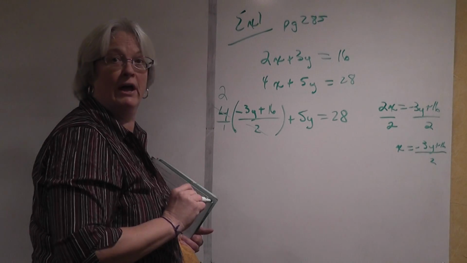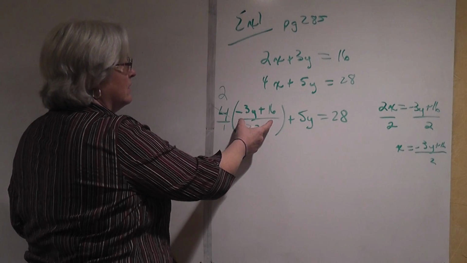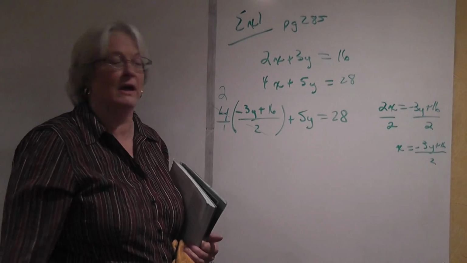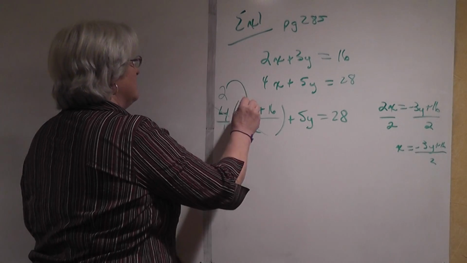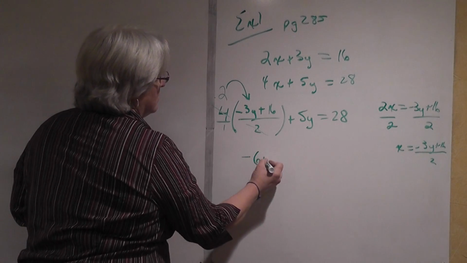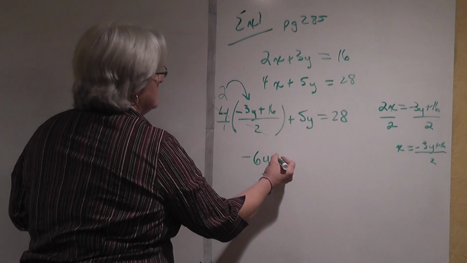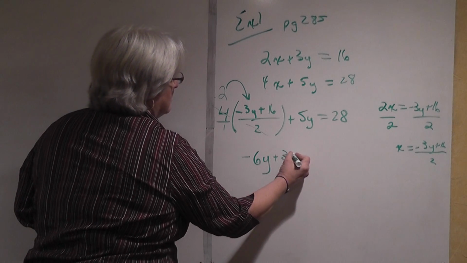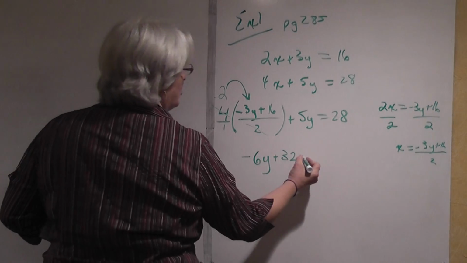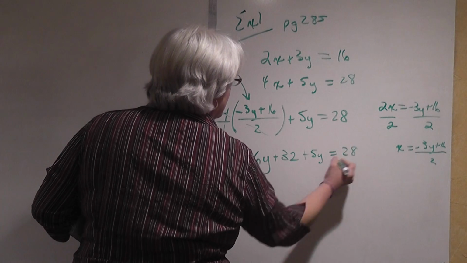So we now have 2 times the quantity, negative 3y plus 16, plus 5y is equal to 28. We're going to distribute the 2. 2 times the negative 3y, negative 6y, plus 2 times 16, plus 32. Plus 5y is equal to 28.